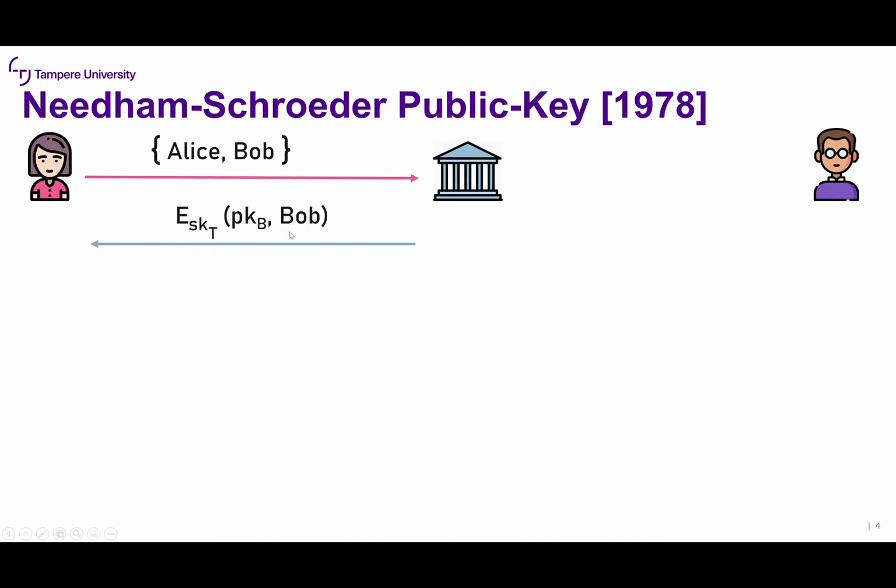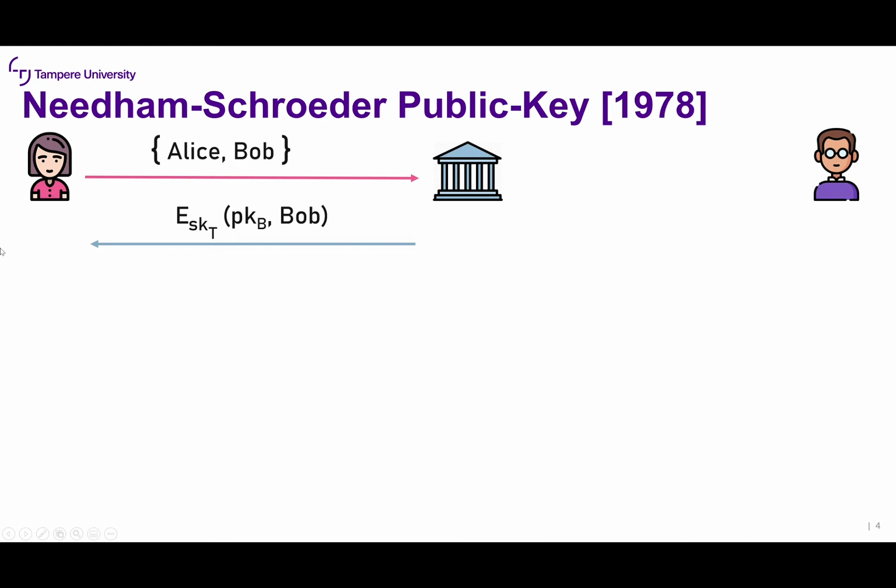So by decrypting this, Alice knows that, okay, there is a public key here, and that public key corresponds to a user called Bob, right? So she can be sure that Trent sent over the correct public key, I mean, the correct key that Alice asked for in message 1.